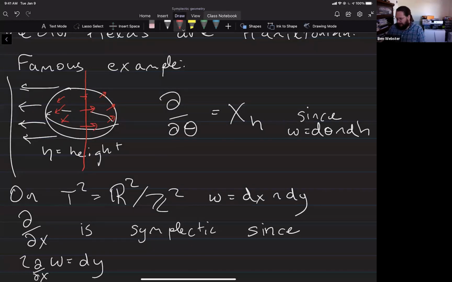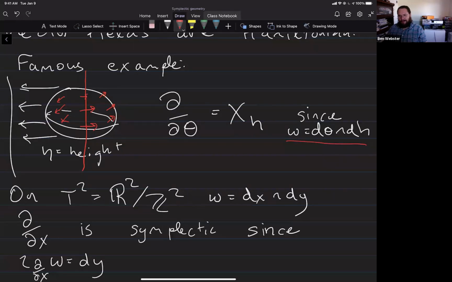And in an earlier homework, you had to show that the symplectic form on the sphere is dθ wedge dh. And from that, you can read off that d/dθ is the Hamiltonian vector field of the height function. So Hamiltonian vector fields, they're kind of weird.